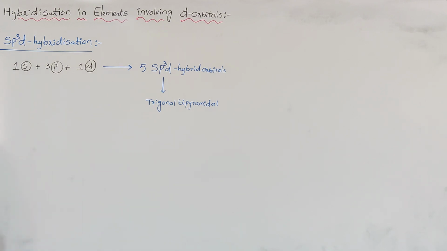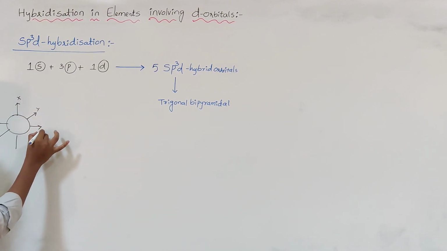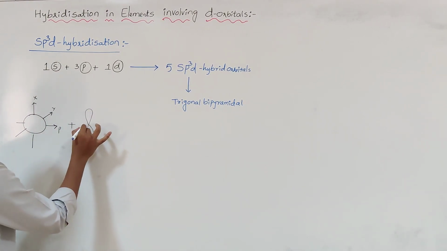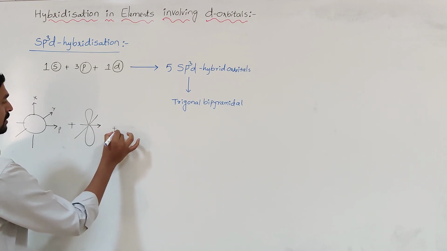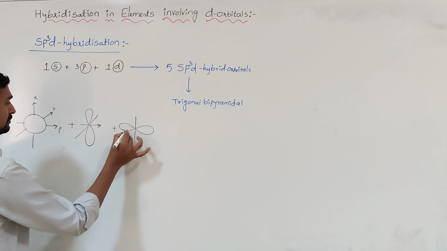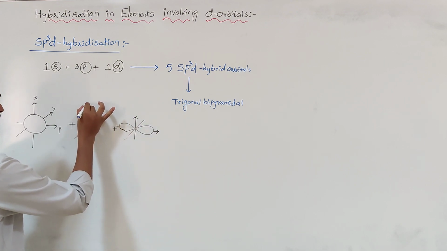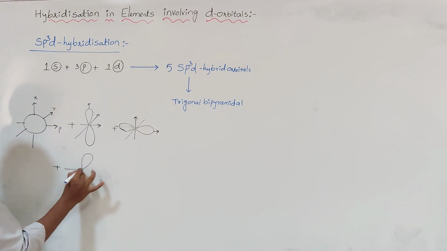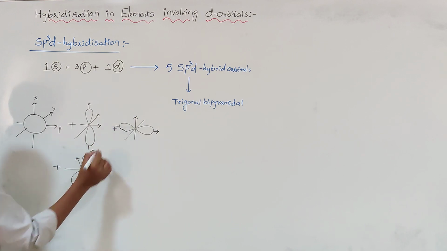Let me write this simply and diagrammatically. One s orbital, one p orbital, another p orbital, one more p orbital, and a d orbital.